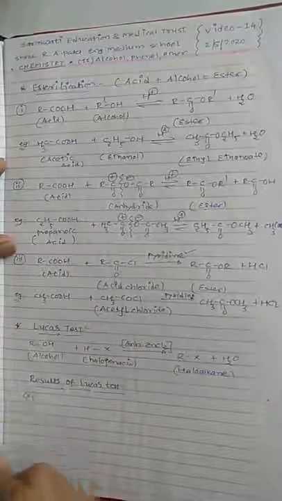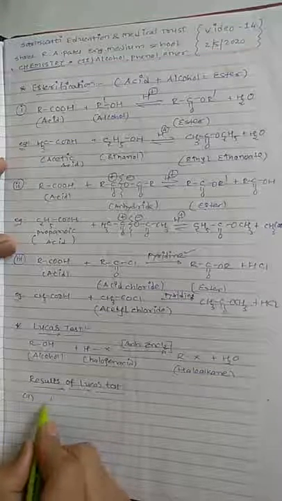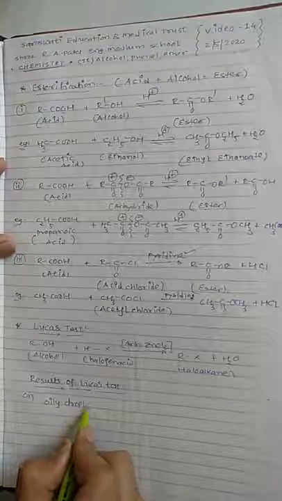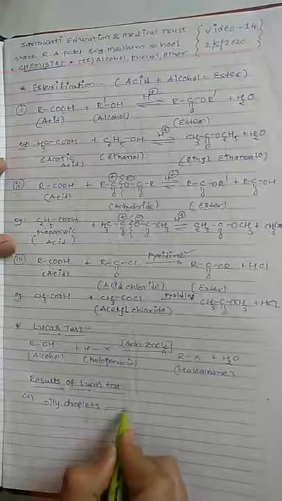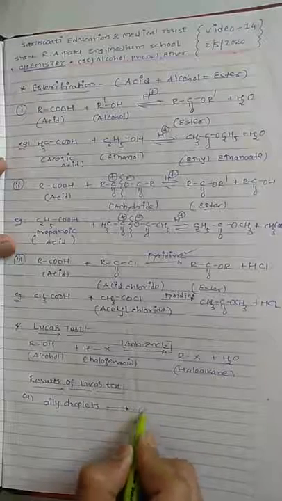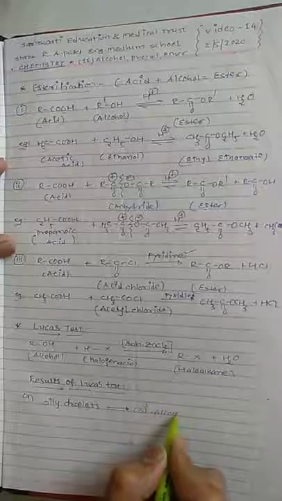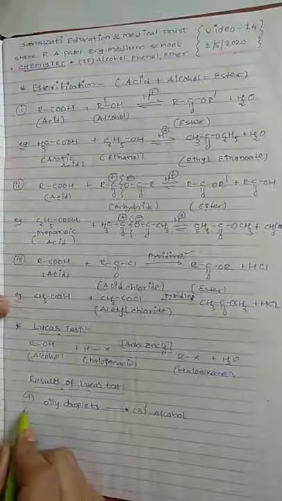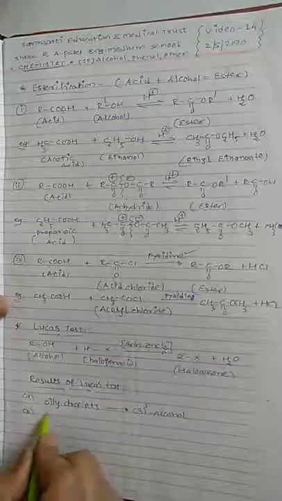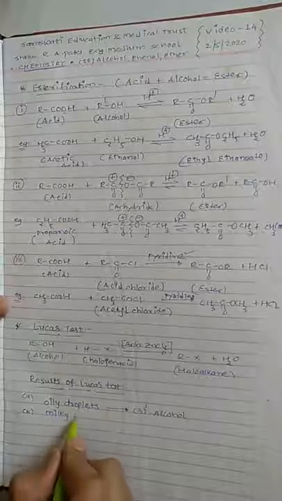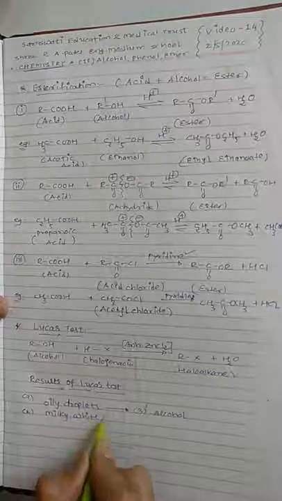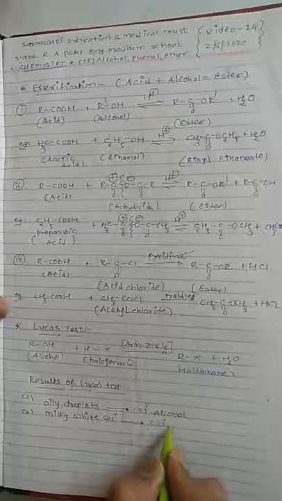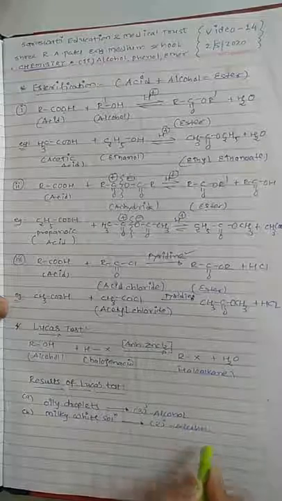The first result: if you find oily droplets, then it must be a tertiary alcohol. But if you get a milky white solution, then a secondary alcohol is present.